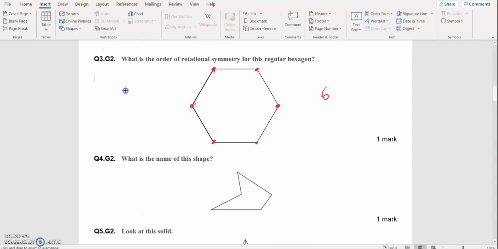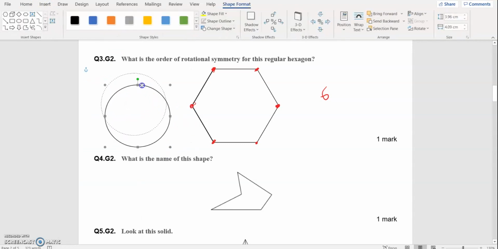So a circle, you can rotate as many times as you wish, as many degrees as you wish, so you can keep rotating. And it falls into place each time. If you keep doing this in small steps. So a circle has an unlimited order of rotational symmetry.